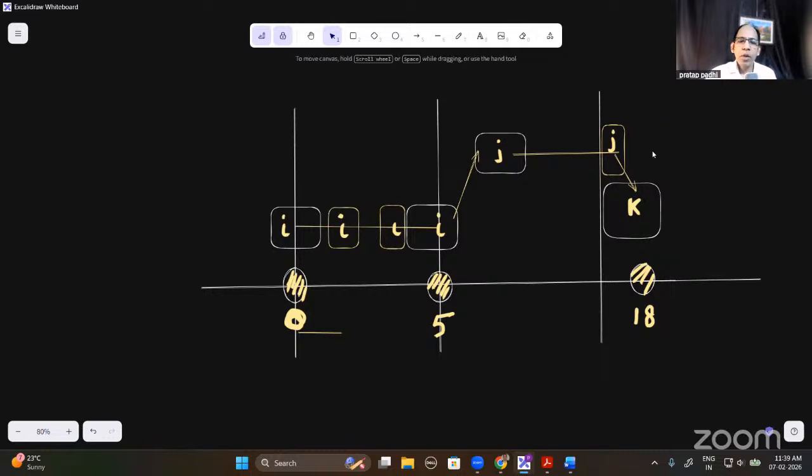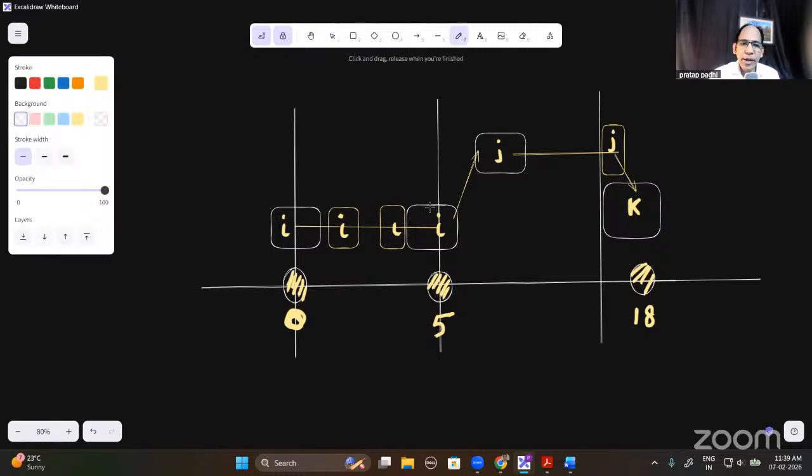So 5 here, 5, 8, 15. That means 0, 5, 0, 5, 18. The durations are not the same. So what we'll say is a transition took place, but this is the waiting time. After it happened, we know that it's 5.